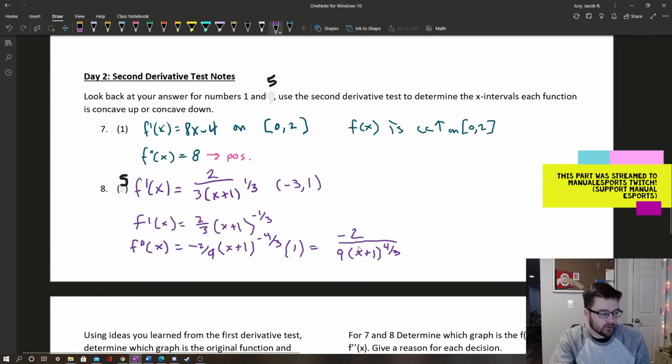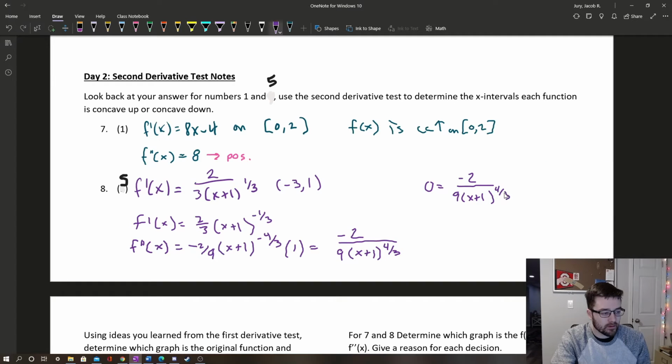We are going to try and apply the second derivative test to it. So now that I've got it here, I'm going to set it equal to 0. And if you remember, there was something funky that happened with this function in number 5. For the same reason that we're going to get an undefined value when x is equal to -1, x can't be -1 on the original function, or it's undefined at -1.